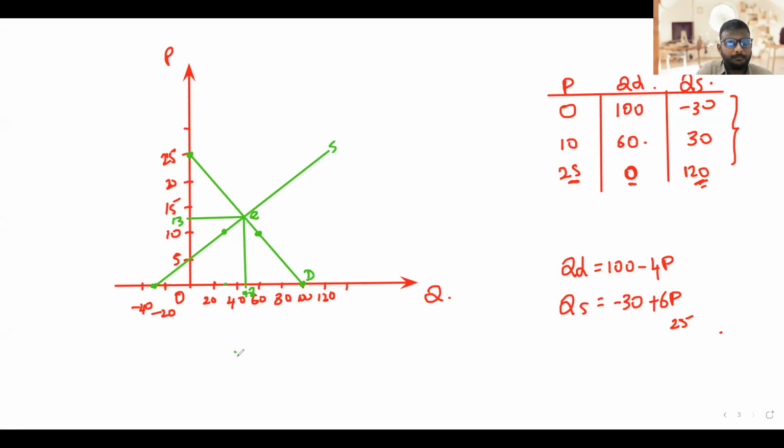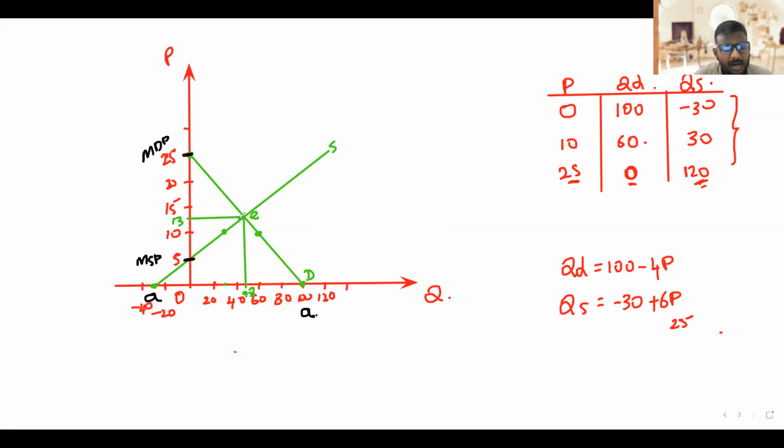Right? The intervals are important. And all these other points which are important, I'll just mark them now. When you are drawing or showing equilibrium on a graph, you must show the autonomous demand part, the autonomous supply part, the maximum demand price point, that is here, the minimum supply price point, that is here.